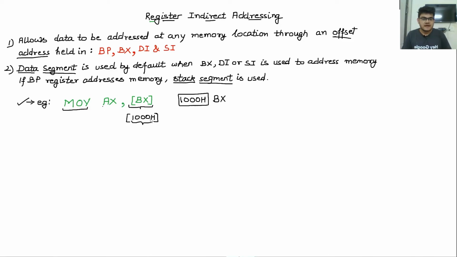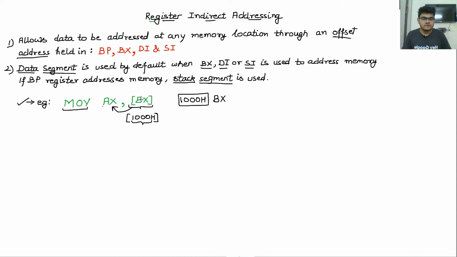The data segment is used when we use the BX, DI or SI register to address the memory. So 1000H represents the offset address in the data segment. It will fetch the data in the data segment at this offset address, 1000H, and transfer that data to the AX register.